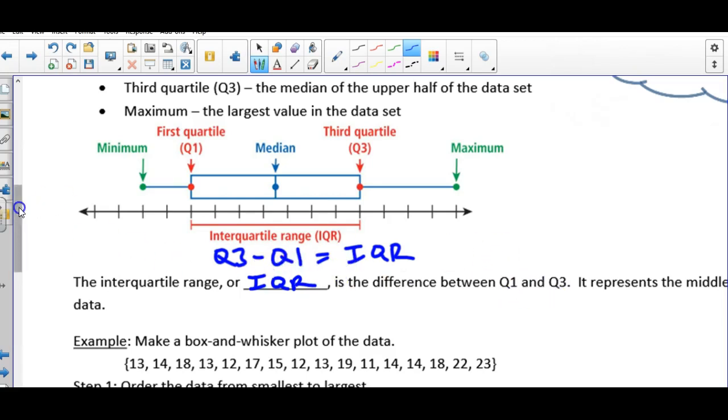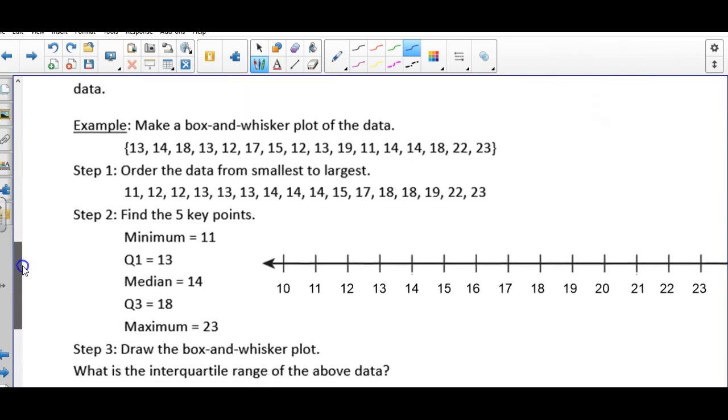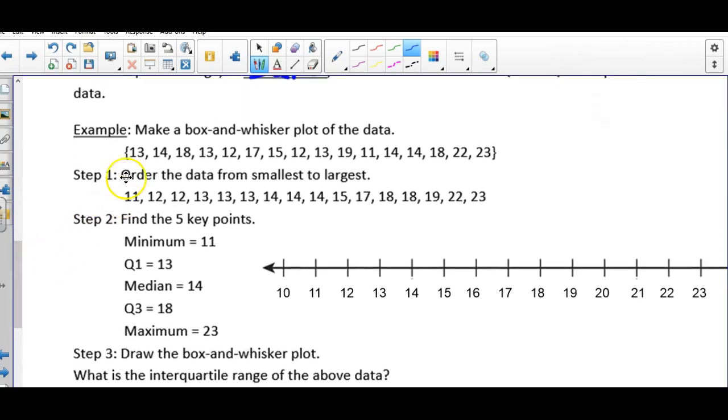So now with this first example right here, we're going to make a box and whisker. The steps are here. If y'all ever get lost, go back to your worksheet and just read the steps. Step 1 says order them from smallest to largest. So they're in order from smallest to largest. There's 16 items in this set. The next thing you need to do is find your key points.